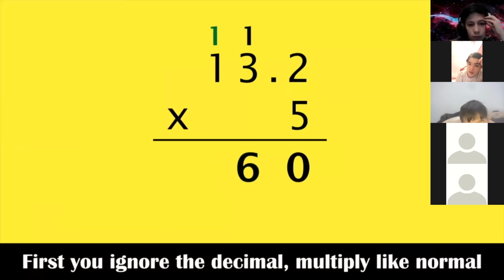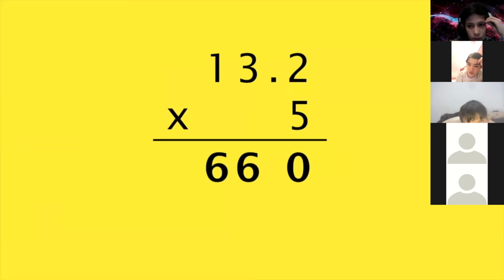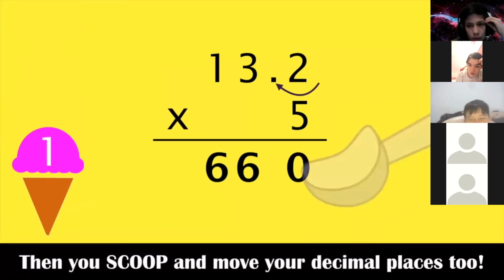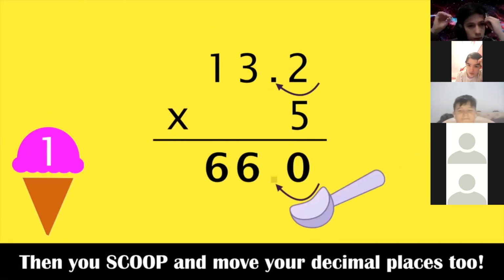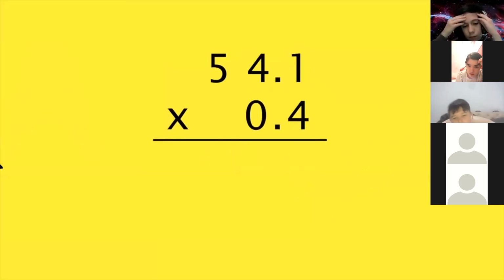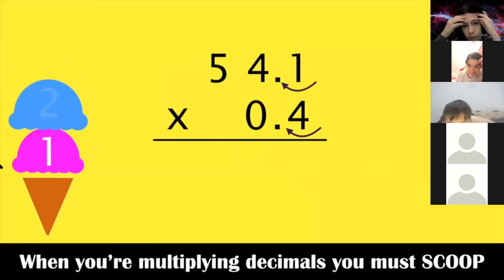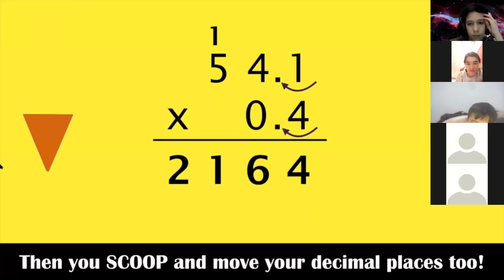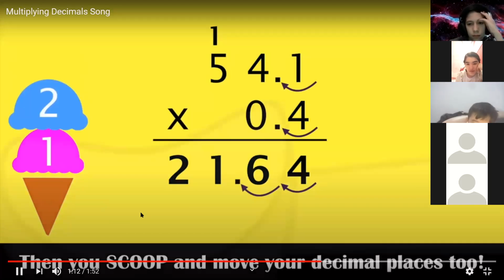When you're multiplying decimals, you must scoop.